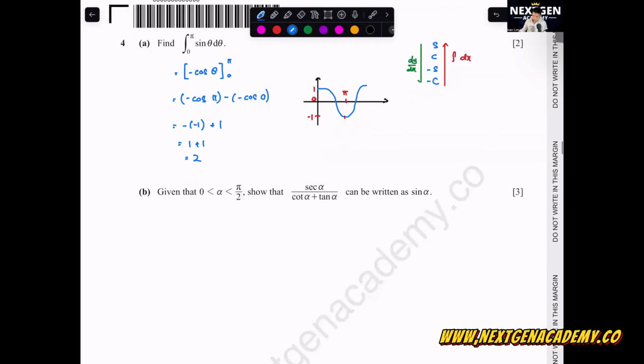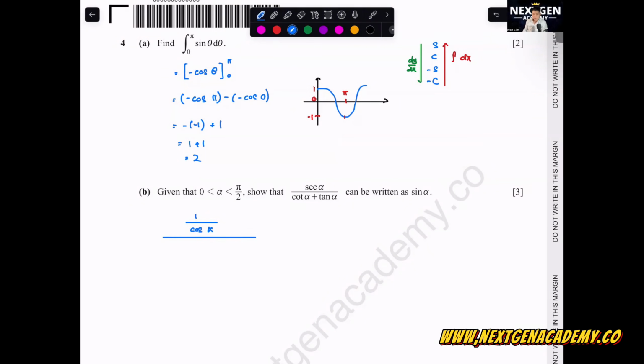Okay, the next one. Given that alpha is between 0 and pi over 2, show that this can be written as sine alpha. How to simplify to sine? You have secant, cotangent, and tangent. Let's open up the secant first. Secant is 1 over cos alpha. You may do it a slightly different way, but as long as you can prove it, it should be correct.